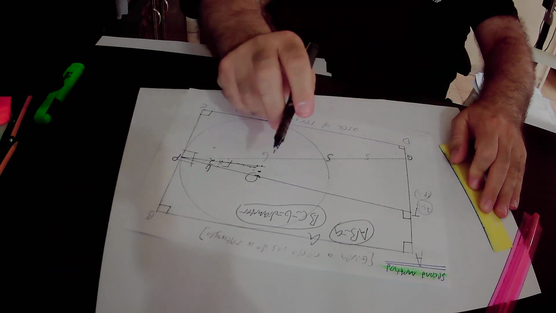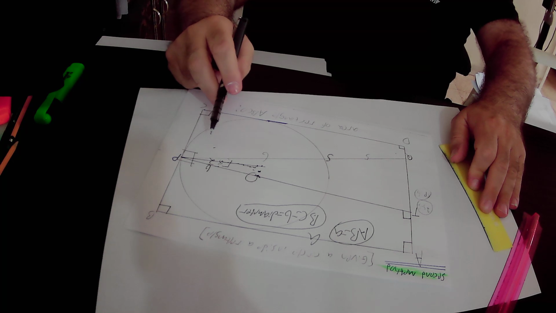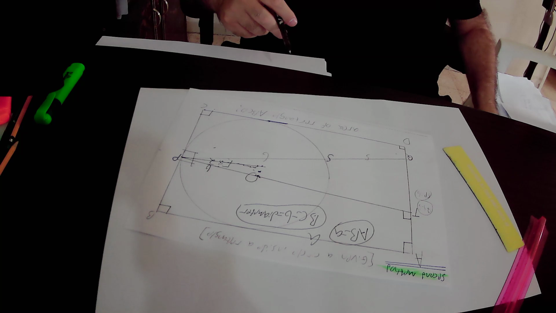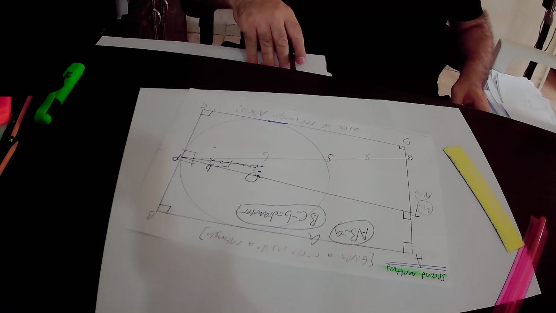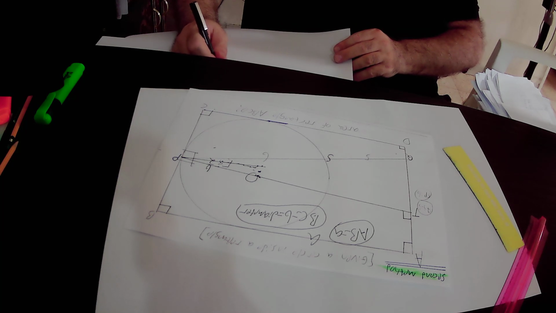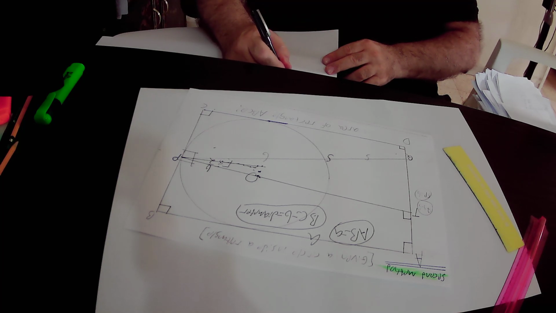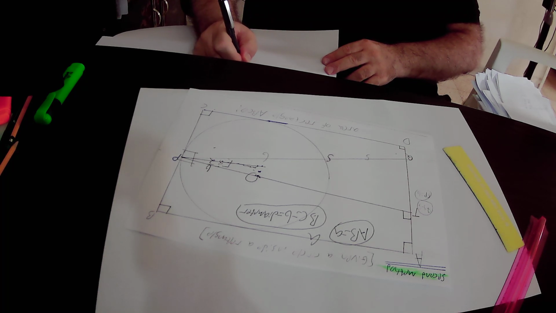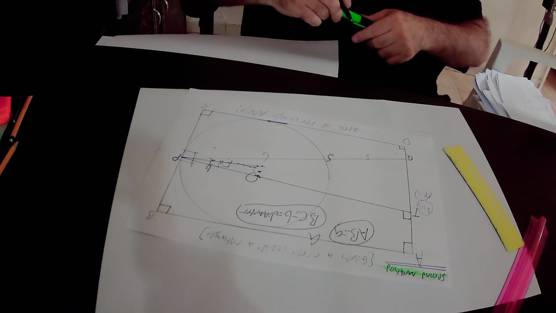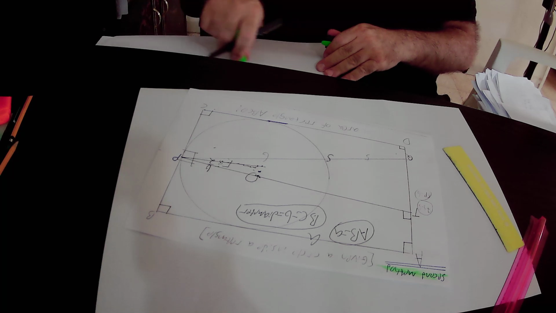So quadrilateral ABTP has 4 right angles, and any quadrilateral that has 4 right angles must be at least a rectangle, if not a square. So we will relate to quadrilateral ABTP as a rectangle, because it has 4 right angles. And we know that the opposite sides of a rectangle are equal to each other.